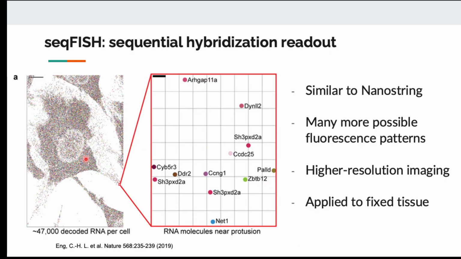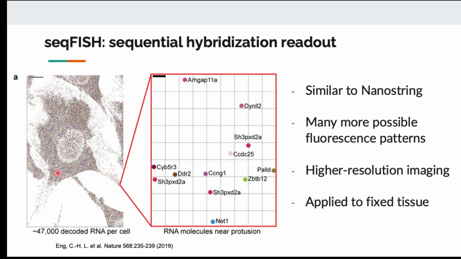And now the limitation became about the imaging. Now we can produce very detailed fluorescent signal for individual RNA molecules. So the next step is they have to combine this with a very powerful microscope so that they can isolate individual dots inside the cell.